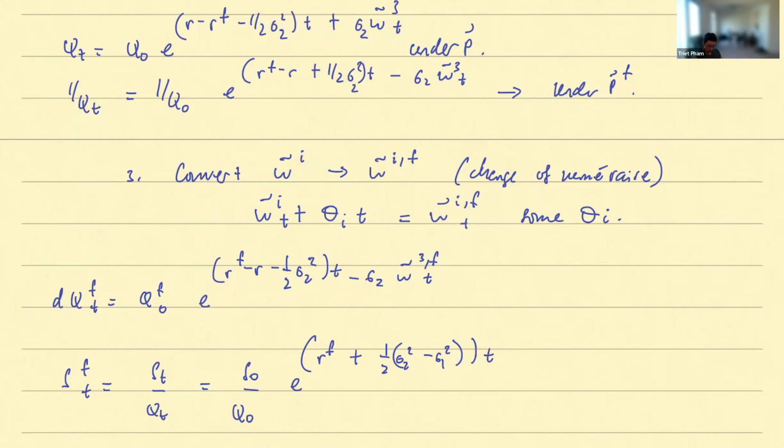And then you've got plus sigma 1 W tilde 1, and then minus sigma 2 times rho W tilde 1 plus the square root of 1 minus rho squared W tilde 2. So that's the stock.